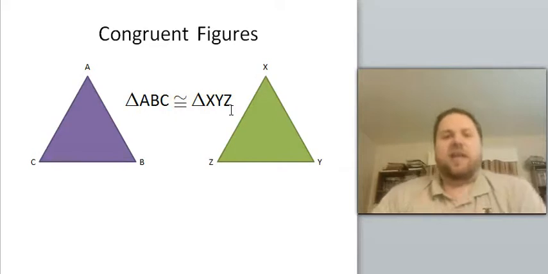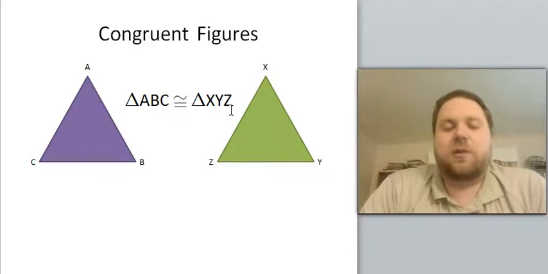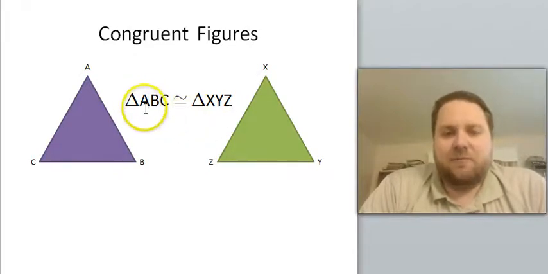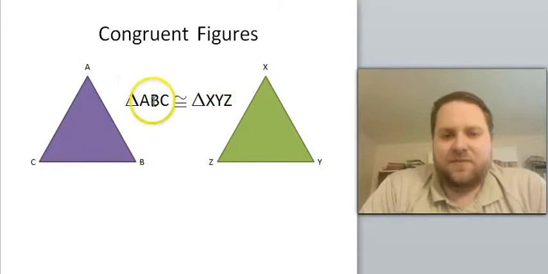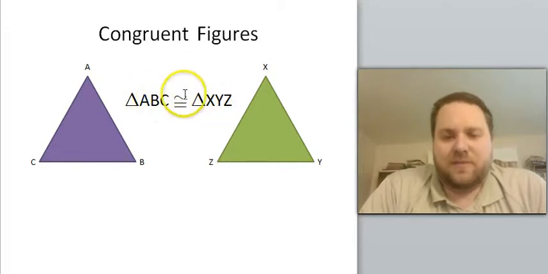But the way I write those letters is actually pretty important, because that shows what parts correspond to other parts. So in this case, I wrote this ABC for this first triangle. That means for the second triangle, when I write that they're congruent, I have to put the vertex of this triangle that matches A first. So X and A, because they go first in this naming system, they have to correspond to each other. Likewise, B corresponds to Y, C corresponds to Z.